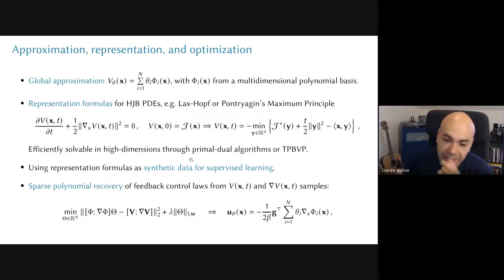So in technical jargon, I'm sampling x, t, and I'm generating a synthetic data set for v. And now I'm doing supervised learning, but this is just linear regression because I have a linear ansatz for my v. It's a linear expansion here. I just need to solve an optimization problem on theta to match the data of v, and I can do it with a sparse regression.